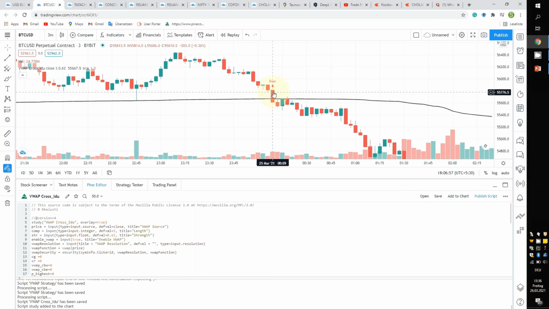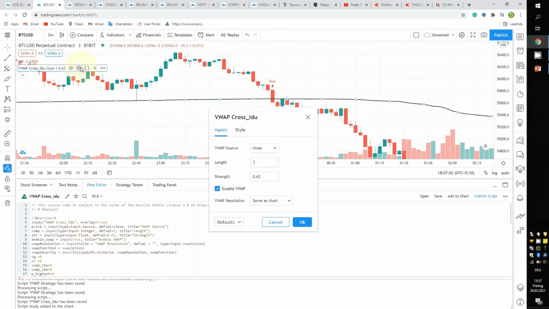However, this can be configured from here. If you go to the settings, then you can define what should be the strength of the body compared to the wicks. So right now it's 62%. If the body length is 62% of the total candle length, then this would be considered a strength signal.